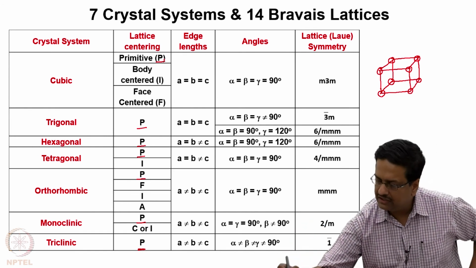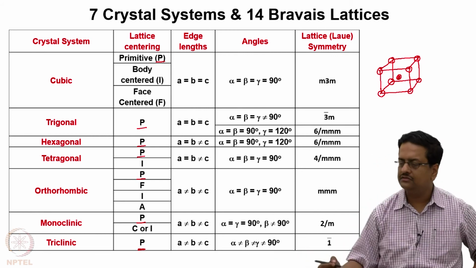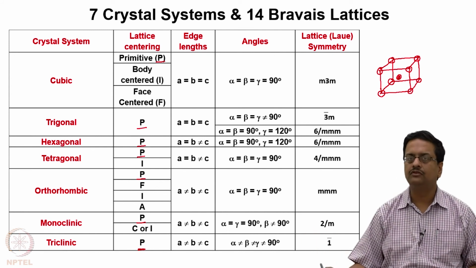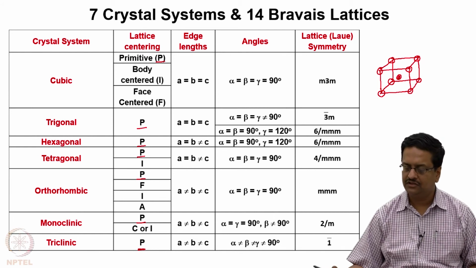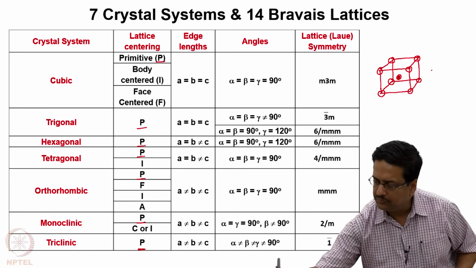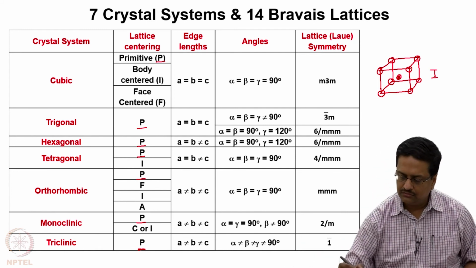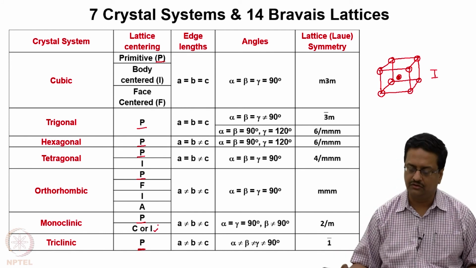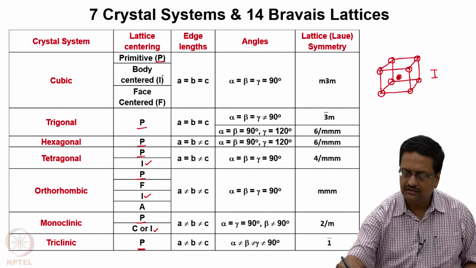Now then, if we have the center of the cube also having one particular atom or group of atoms same as that of the cube cornered atoms, we call it the body centered lattice or I lattice. That body centered lattice is present in monoclinic, orthorhombic, tetragonal and cubic.